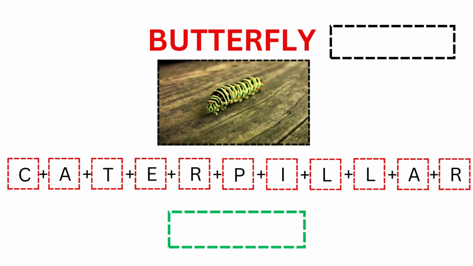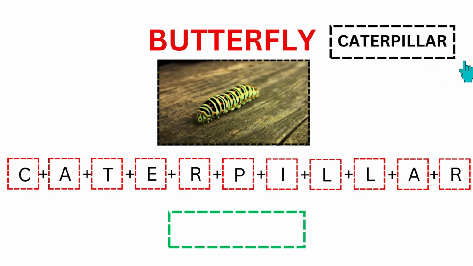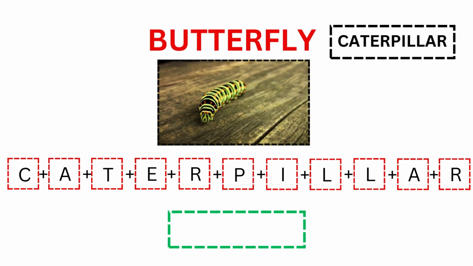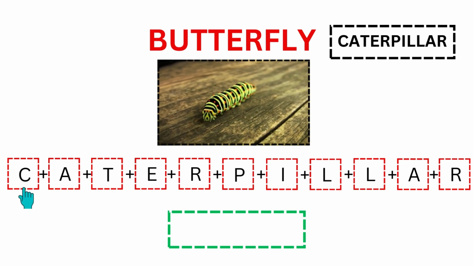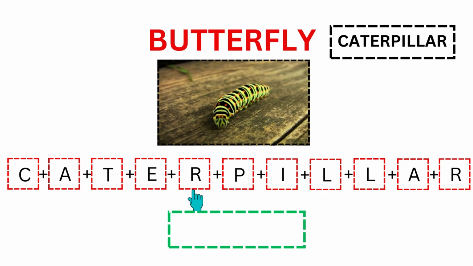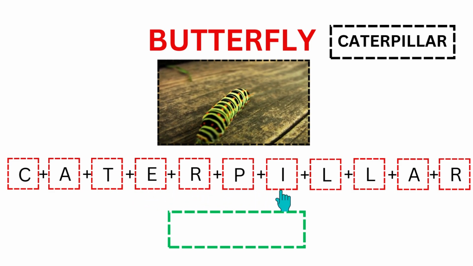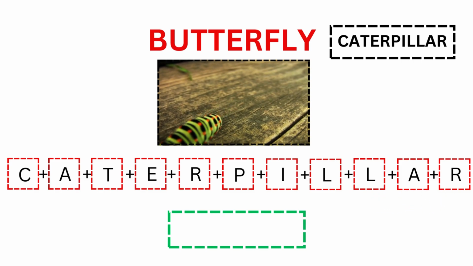A baby butterfly is called a caterpillar. Butterfly के बच्चे को caterpillar कहा जाता है. CATERPILLAR caterpillar.